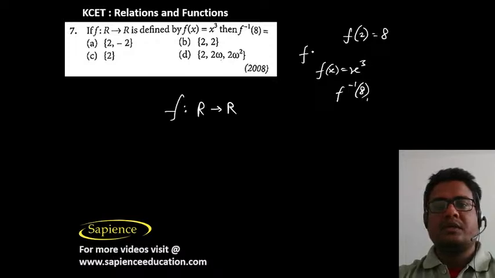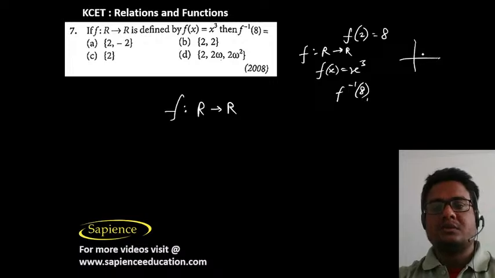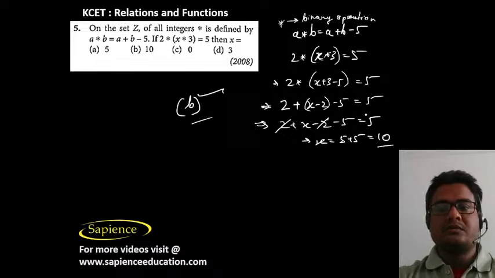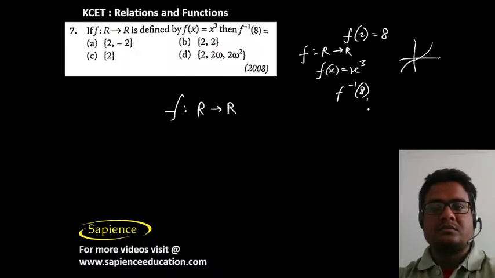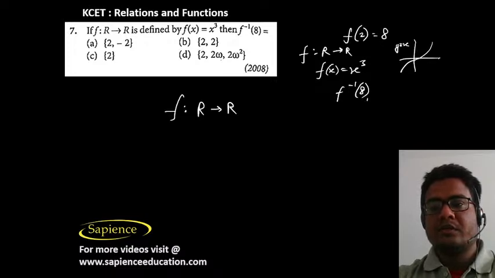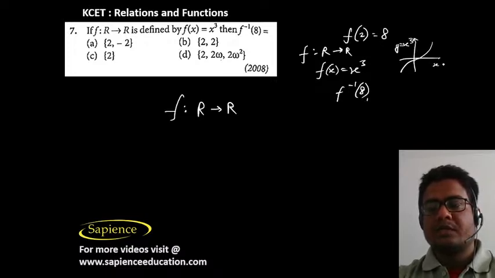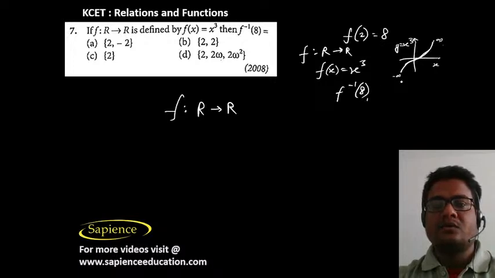So here f maps from R to R. We know that the graph of the function y equal to x cube is like this. So here we can see that it goes from minus infinity to infinity, and it is 1-1 and onto. The function f is 1-1 also, and it is onto also.